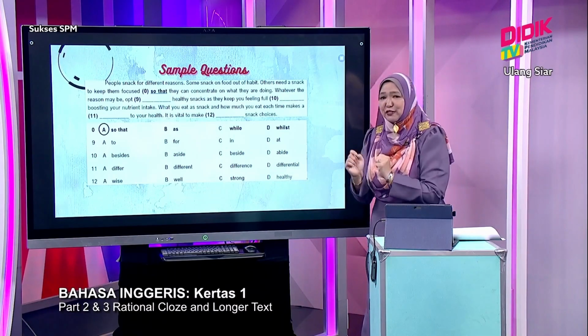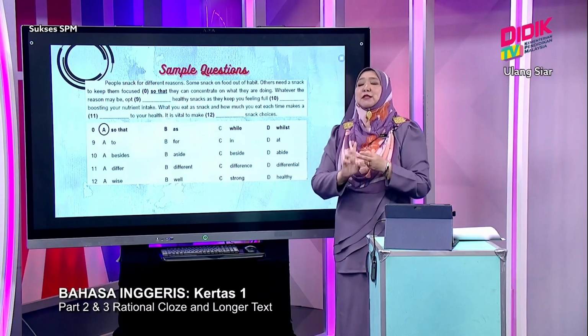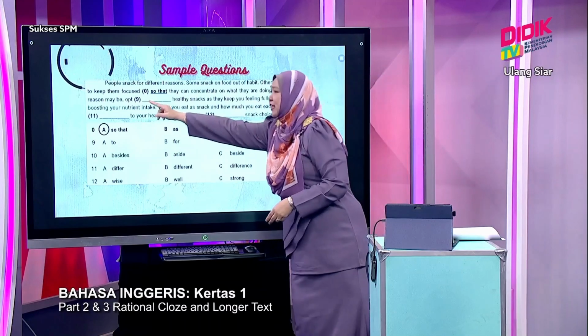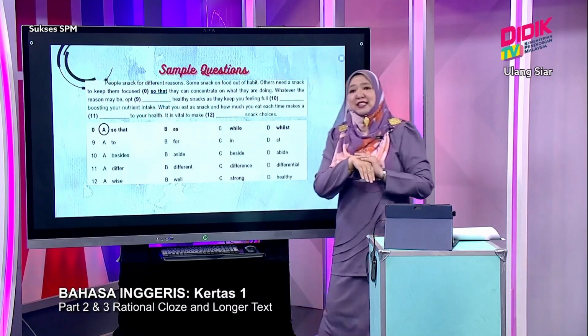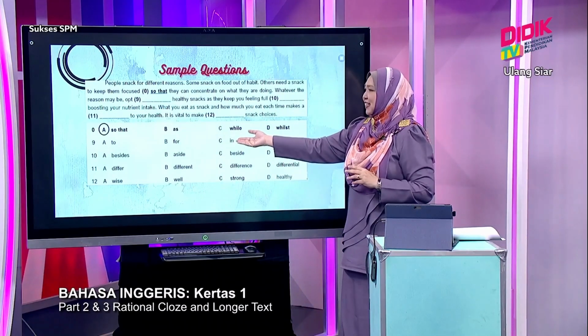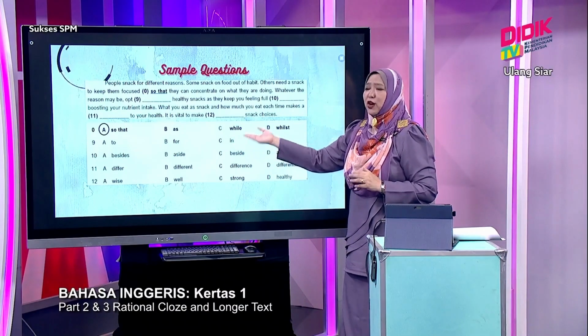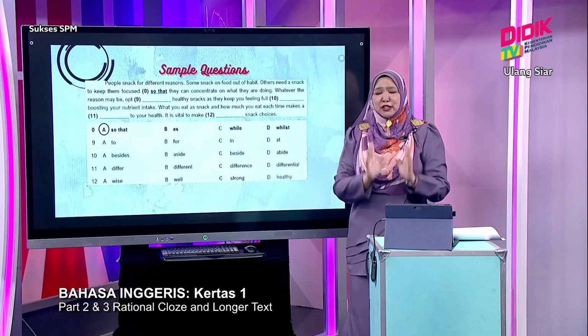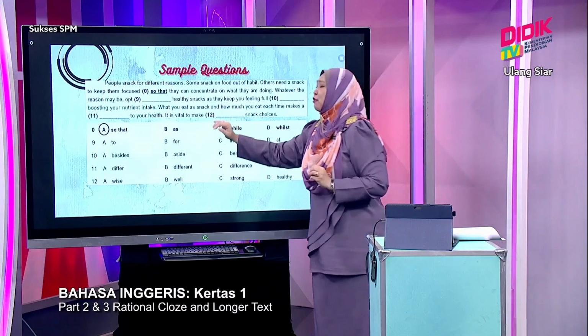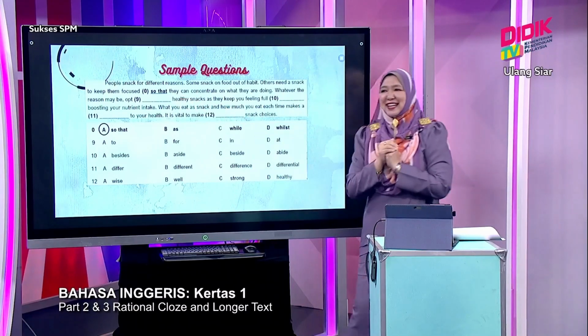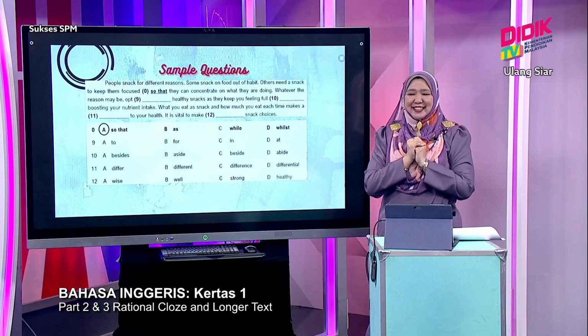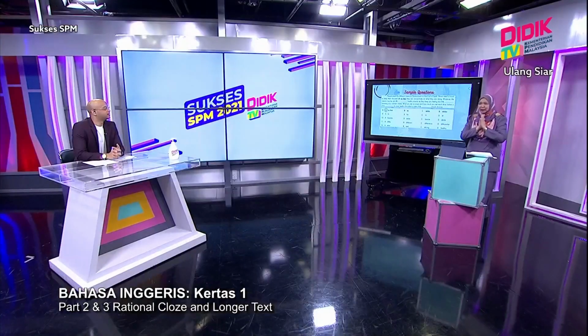What is a phrasal verb? Verb plus preposition. The verb here is opt. So what is the preposition for opt? The most appropriate one is opt for healthy snacks. So we need a phrasal verb there.